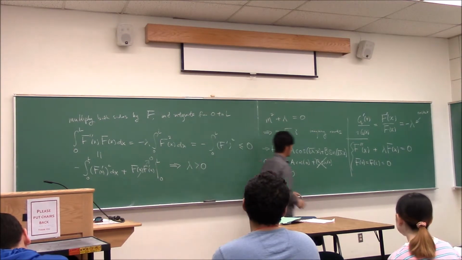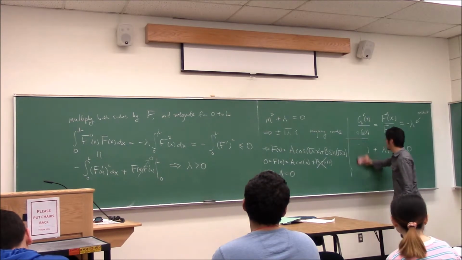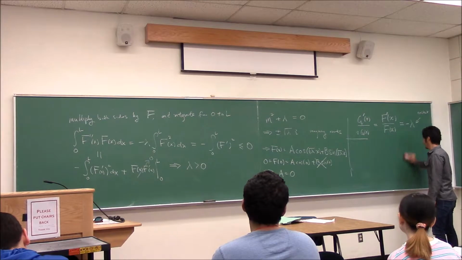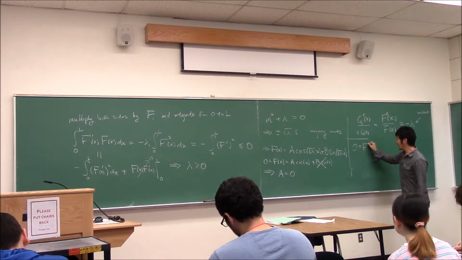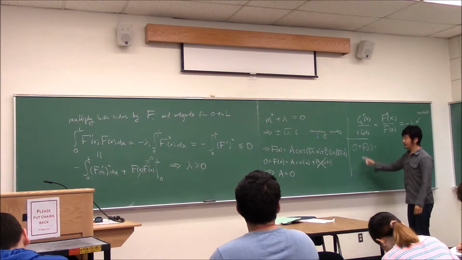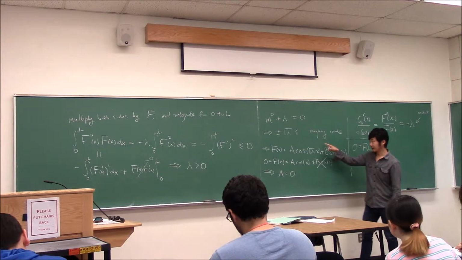And so we plug in the other boundary condition. So f at capital L is equal to 0, but if you plug in capital L, well, you know a is 0, so there's nothing to plug in here anymore.